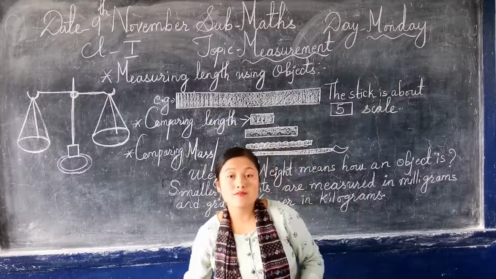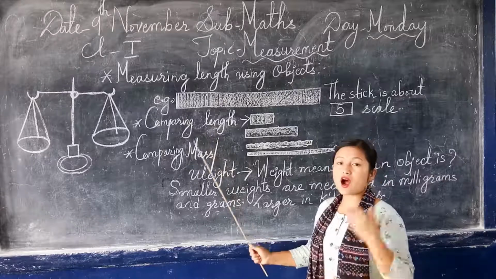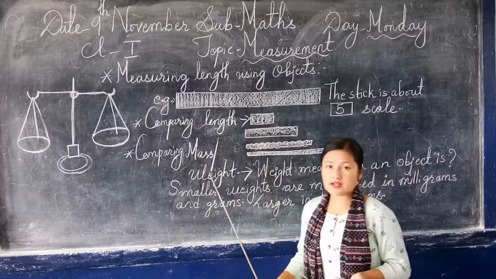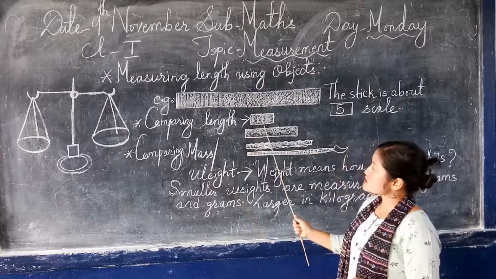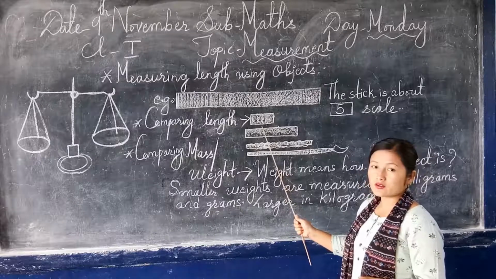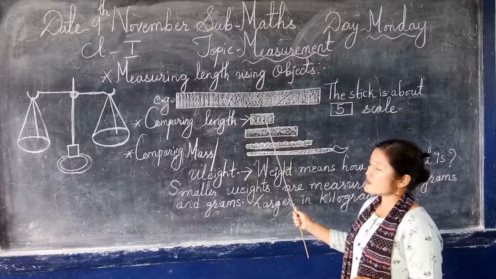So the next subtopic is comparing length, to compare how long or how short it is. Here I have drawn an example. First, this box is small. Then the second box is a little longer than the first box.